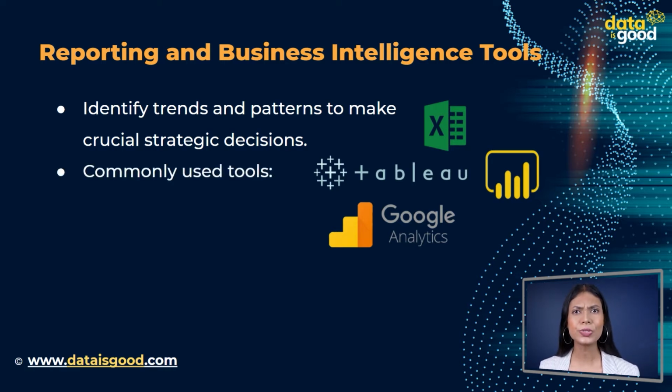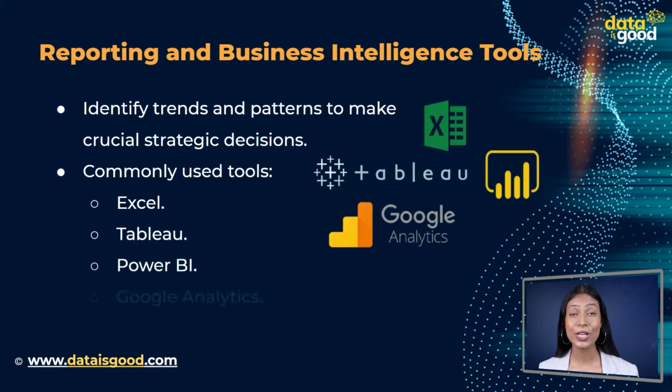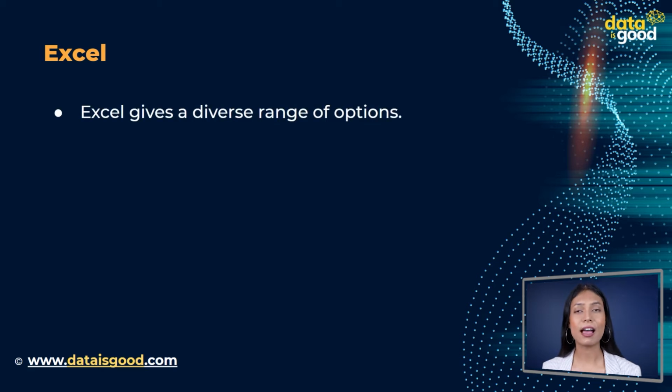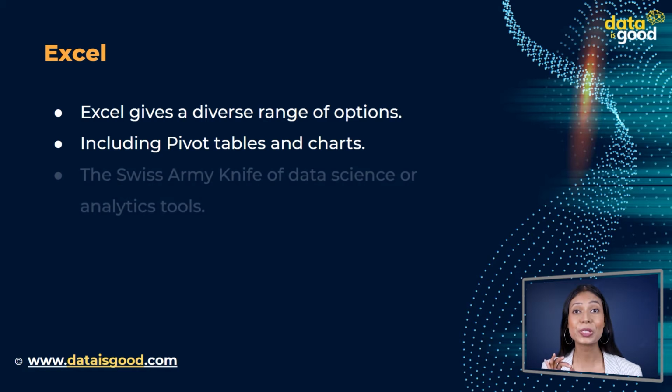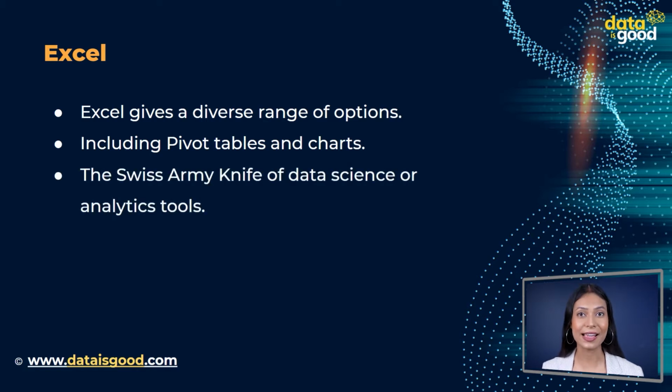The commonly used tools in the reporting and business intelligence domain are Excel, Tableau, Power BI, Google Analytics, etc. Excel gives a diverse range of options, including pivot tables and charts that let us analyze in a brief span of time. This is, in short, the Swiss Army knife of data science or analytics tools.